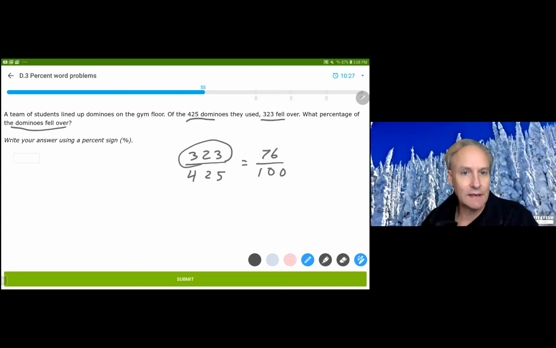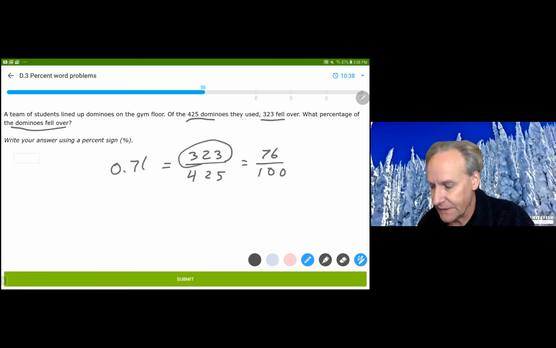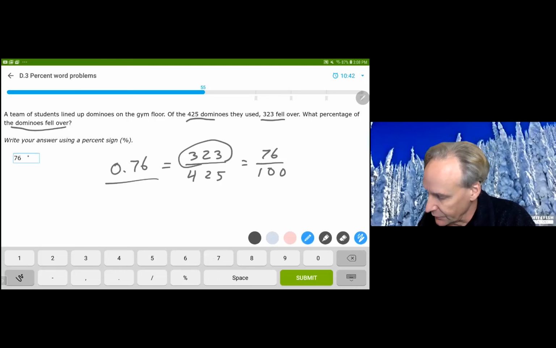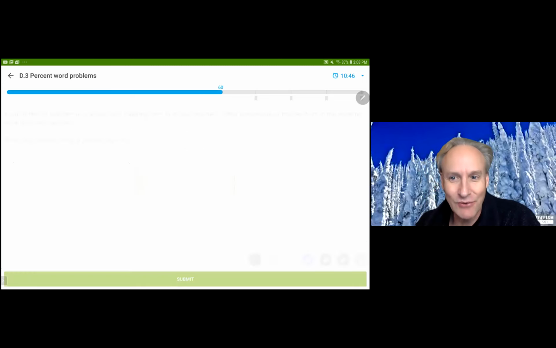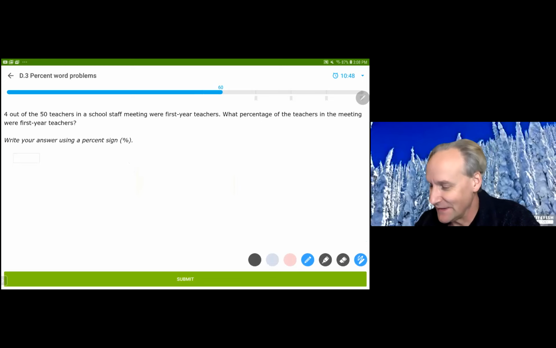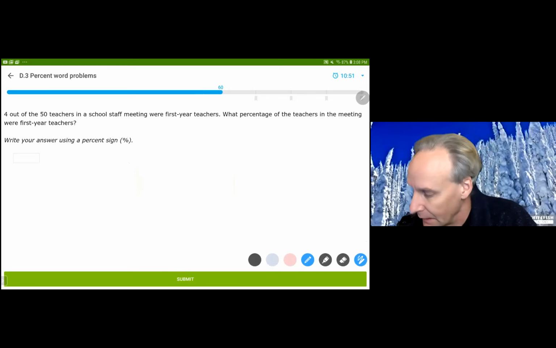Sorry, guys. I should be able to see it, but I just can't seem to get it in my head. It is 76 over 100. What I got when I did the calculator was 0.76, which is 76 hundredths. So it's 76%. I did use the calculator. I normally wouldn't do that, but I just didn't see the easy number there.